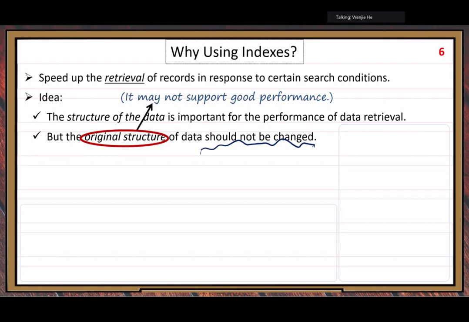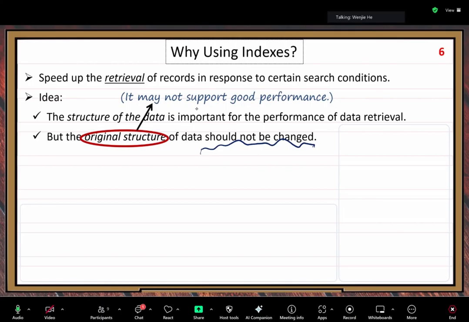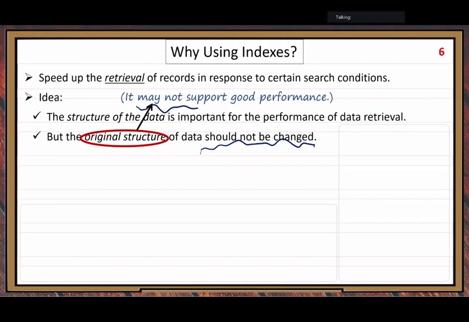That means there is no order when you collect the data. If you work on the original data directly, it may not support good performance.